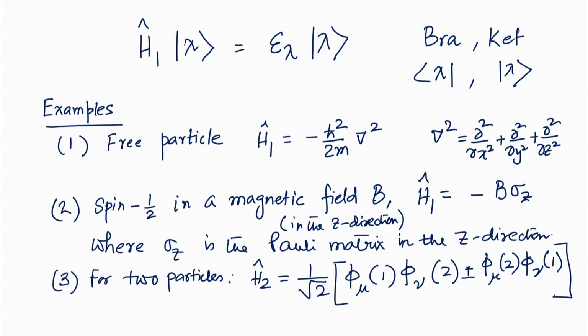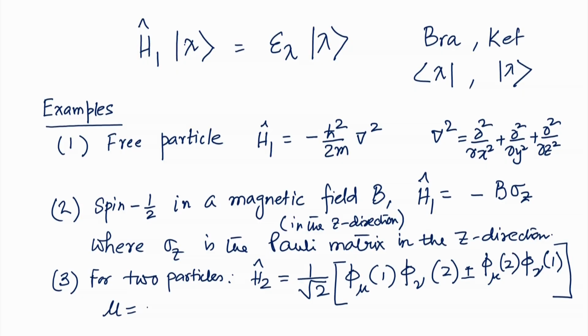This is the wave function for 2 particles, where these phi's are the eigenfunctions. This mu represents an index which could be anything such as the momentum or the spin, or any other thing that is appropriate for the description of the system.